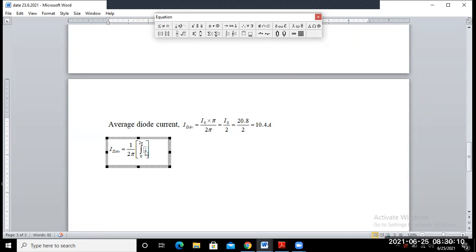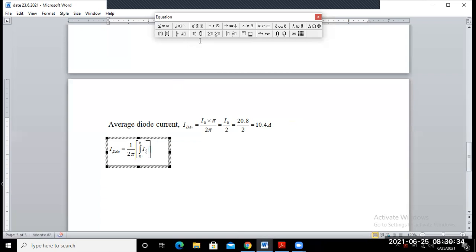So here, if you observe the waveform from 0 to pi, you get only the value of I0. So just take this limit in place of 0 to 2 pi. So this value is I0. Is it not? I0 is constant.